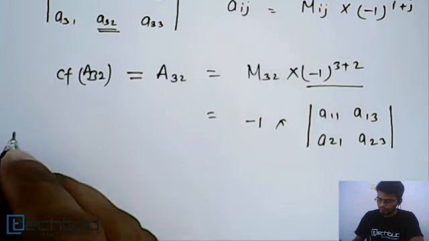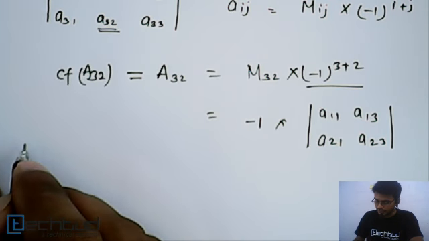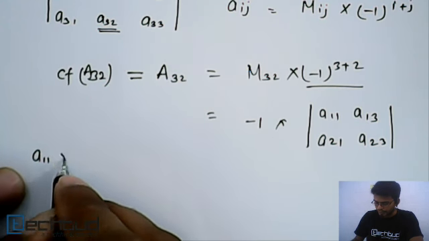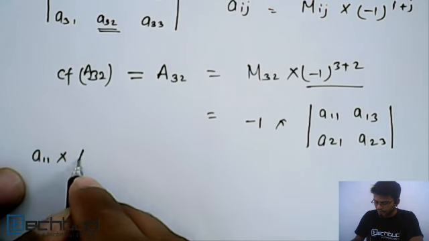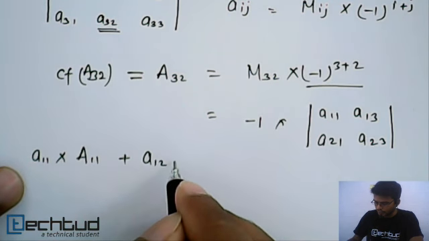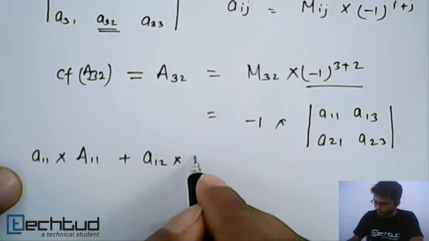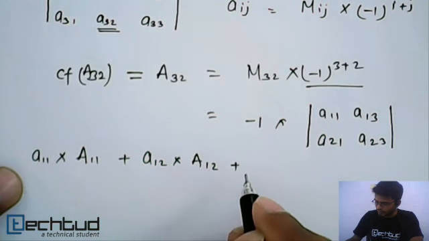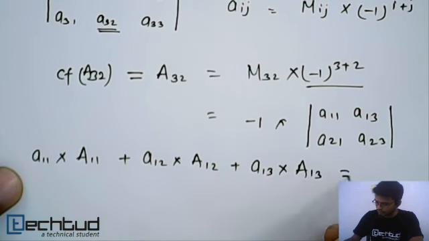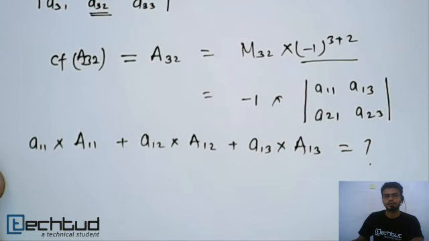What will be the value of A11 into its cofactor A11, plus A12 into A12, plus A13 into A13?